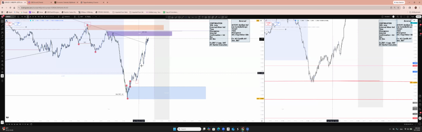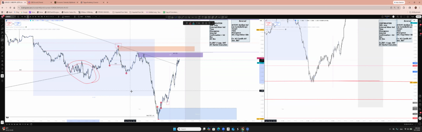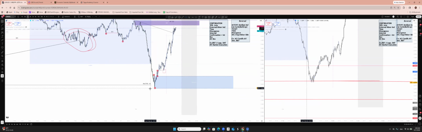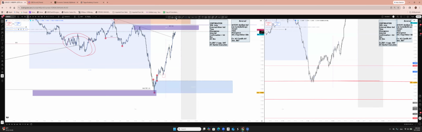See this reaction? Would you want this reaction coming to your zone before you sell it? If the answer is yes, do it. But if not, I want price to come like this to my zone. I don't want, like, say if I was buying right here off a demand, say there was a demand right here, I don't want price coming like this into my zone.